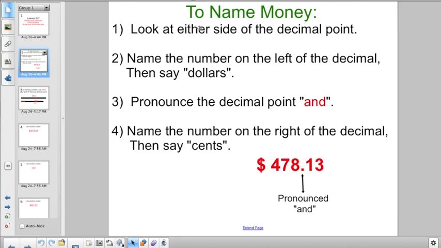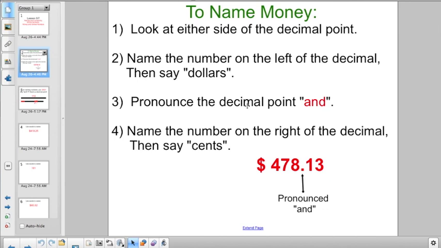So, to start off with, when you have to name money, look at either side of the decimal point, if there is one. Name the number on the left of the decimal and say dollars. So here I have the digits 4, 7, and 8. What I mean by that, 4, 7, and 8, you'd actually say 478, right? So $478.